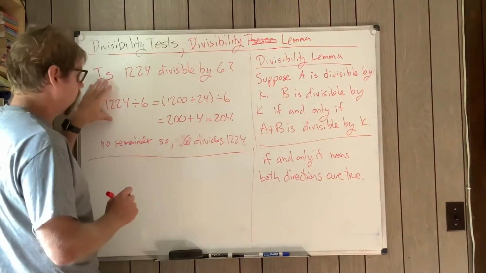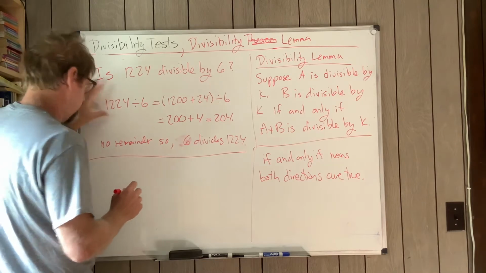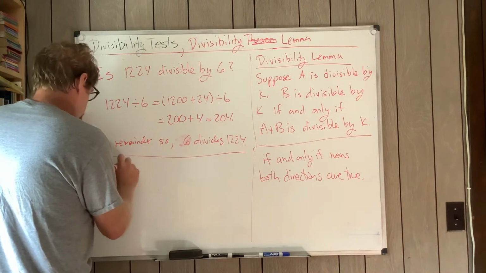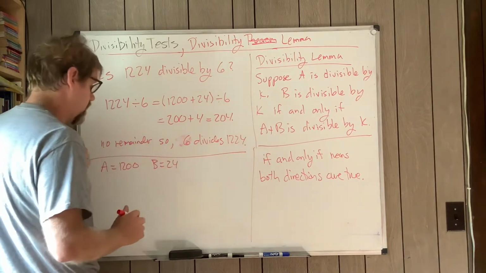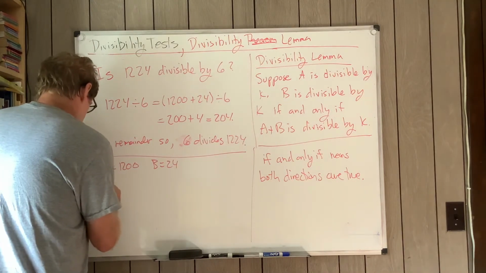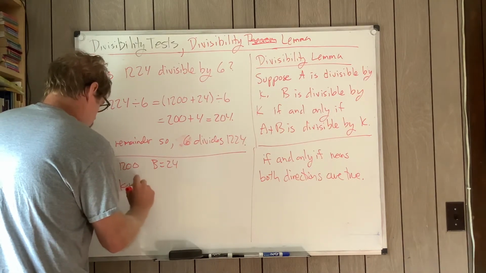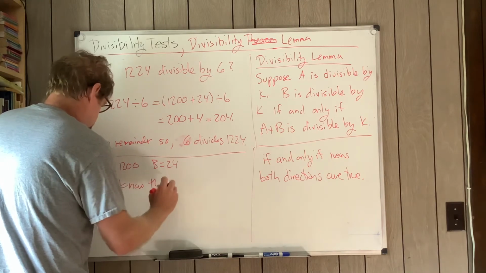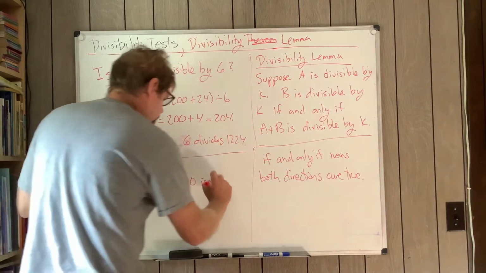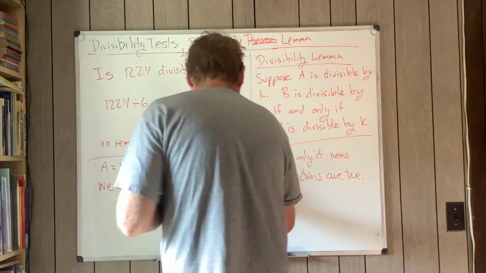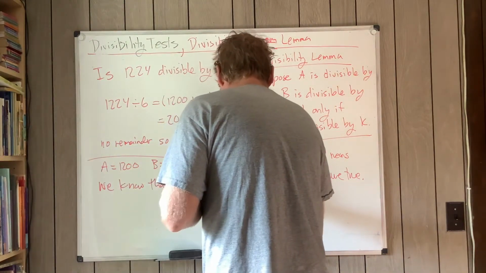So let me look at that in this context over here. I'm going to let A be 1200, B be 24. We know that 1200 is divisible by 6.